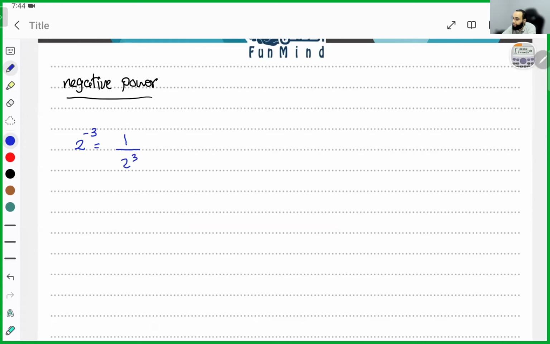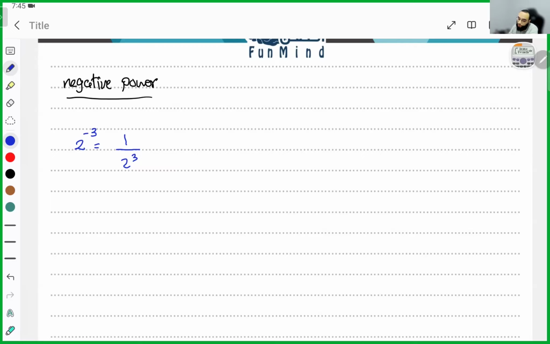So what happened? The negative power gets the number inside the denominator. If it is in the denominator, it goes to the numerator. If it is in the numerator, it goes to the denominator.